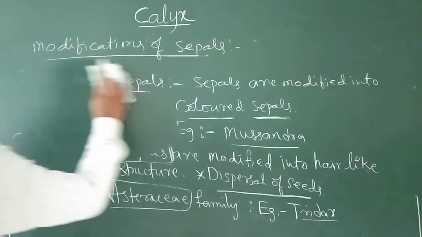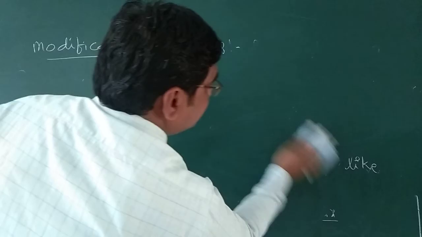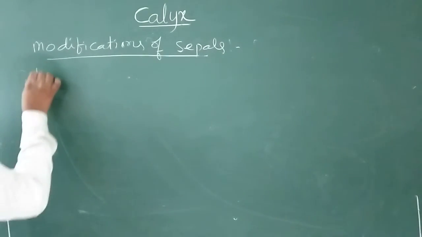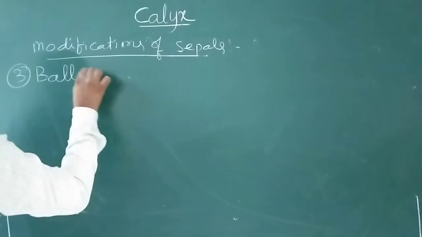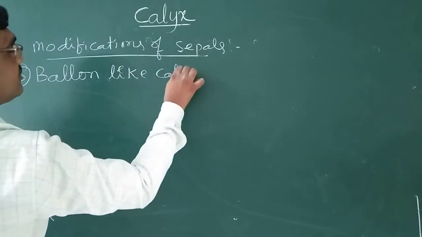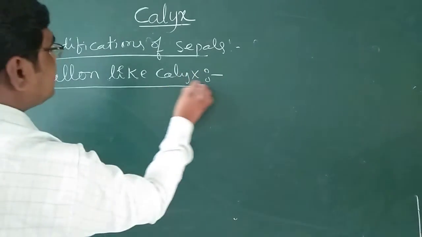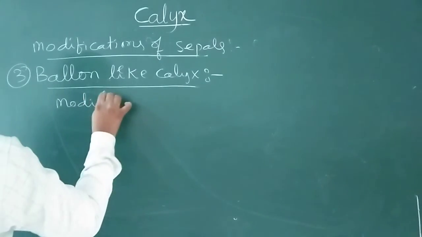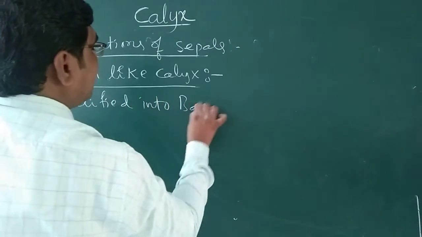Next, the third modification of sepal is the balloon-like calyx. Some calyx is modified into a balloon-like structure.